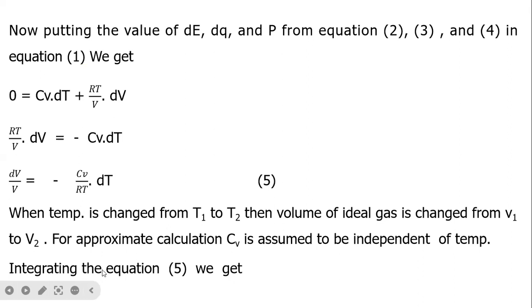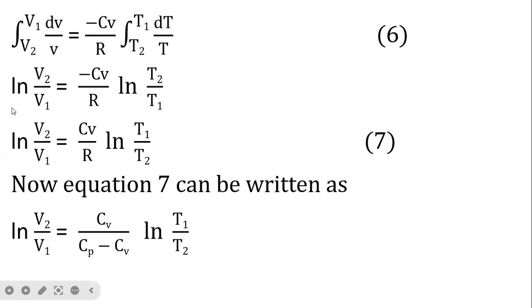Integrating equation 5, we get the integral from V1 to V2 of dV by V equals minus Cv by R times the integral from T1 to T2 of dT by T, so ln V2 by V1 equals minus Cv by R ln T2 by T1, and so ln V2 by V1 equals Cv by R ln T1 by T2. This negative sign changes, and now equation 7 can be written as ln V2 by V1.